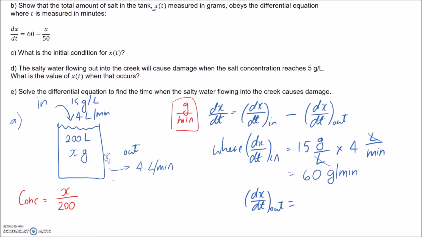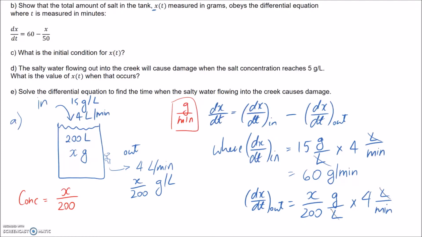So this here, if I match it against this, is going to be the grams per liter flowing out of the tank. And of course, X can change over time, but all it's going to change is the concentration. It's never going to change the flow rate. So if we now apply our equation where we take the concentration and multiply it by the flow rate, we're going to have our X on 200 grams per liter in the tank, multiplied by the 4 liters per minute.